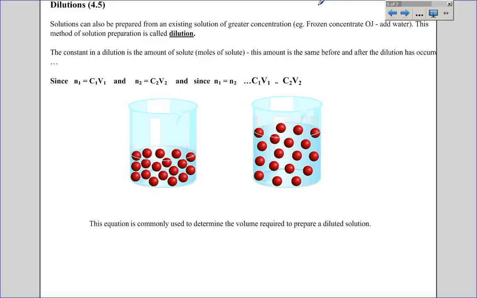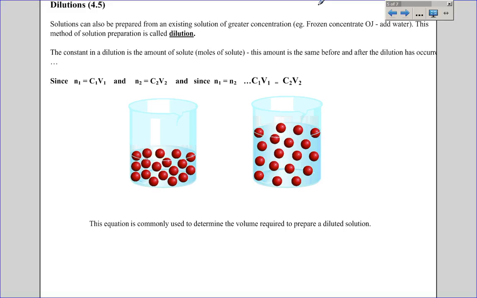If we're going to use that method, what we're going to be doing is what is called dilution. So we're only going to be able to prepare a solution of lower concentration, and we're going to be diluting it. So we're going to be adding water to a certain amount of that solution in order to prepare our new solution.